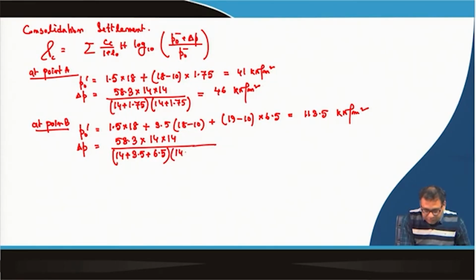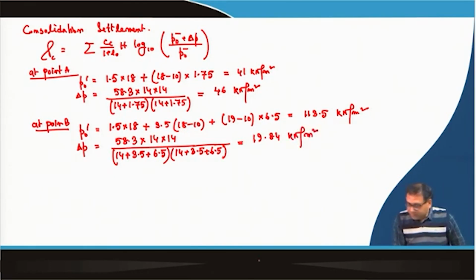So, this is 14 plus 3.5 plus 6.5. So, this is equal to 19.84 kilonewton per meter square.